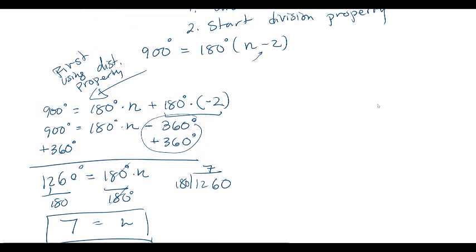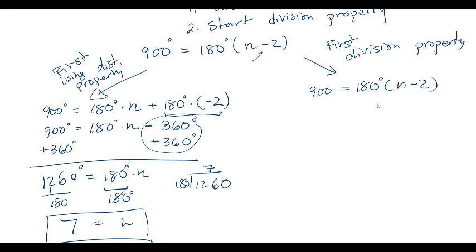Another way of doing it is by initially using the division property. So we will first divide by 180, and then we'll see what we can do to simplify. We have 900 equals 180 times n minus 2, and we will divide both sides by 180 right away.